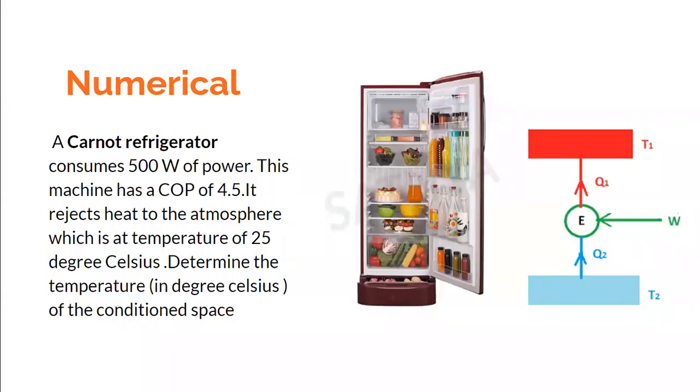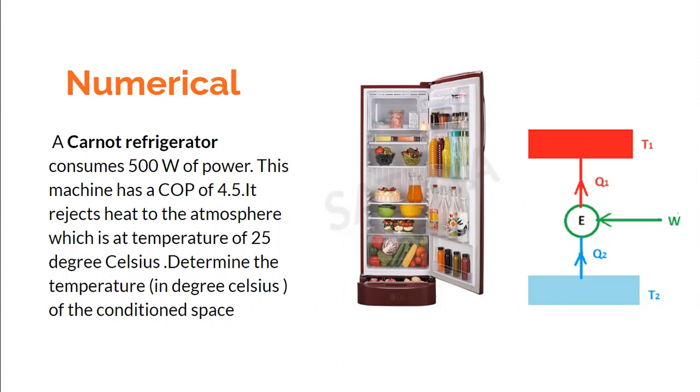The refrigerator, which is seen pictorially and in the form of a schematic, has to be understood with reference to the numerical which has been given to you. What is given in the numerical is the power input, the electricity which is supplied to this refrigerator, and we are assuming that this refrigerator is an ideal refrigerator working on a reverse Carnot cycle.